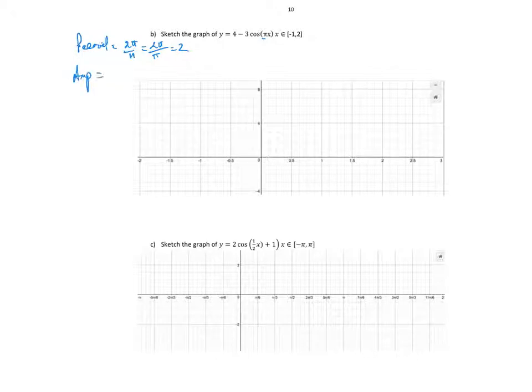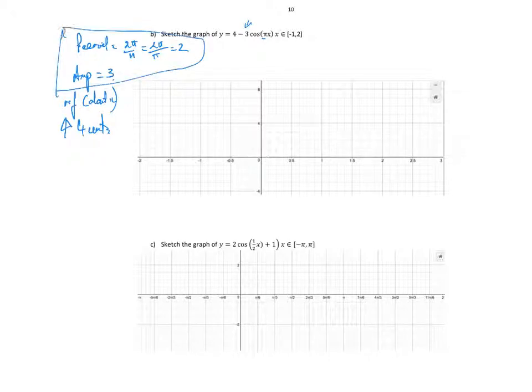Amplitude is equal to 3. We have a reflection about the x-axis, and the whole graph has been moved up 4 units.